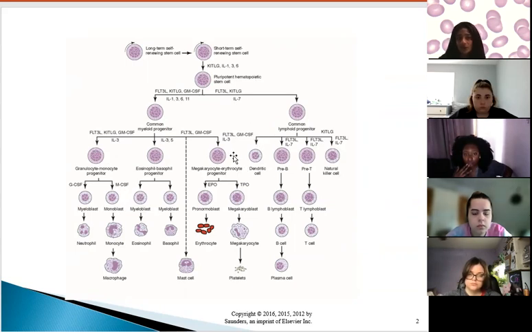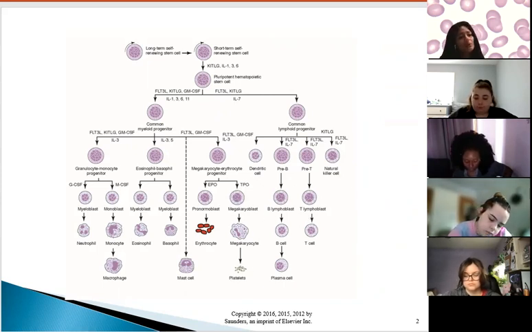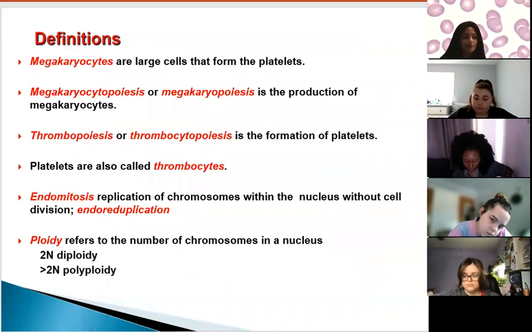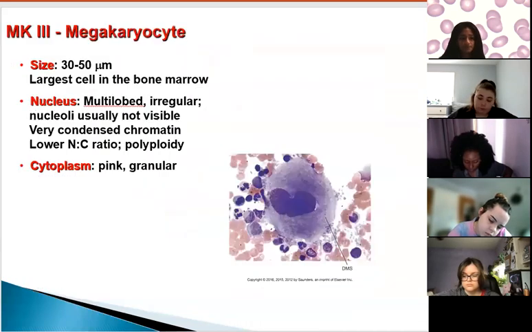For example, as you can see here, in the formation of megakaryocytes from the common myeloid progenitor, you need TPO. Okay, TPO is a protein, a hormone that is needed for the formation of a megakaryocyte. Without it, we don't have that megakaryocyte, okay?